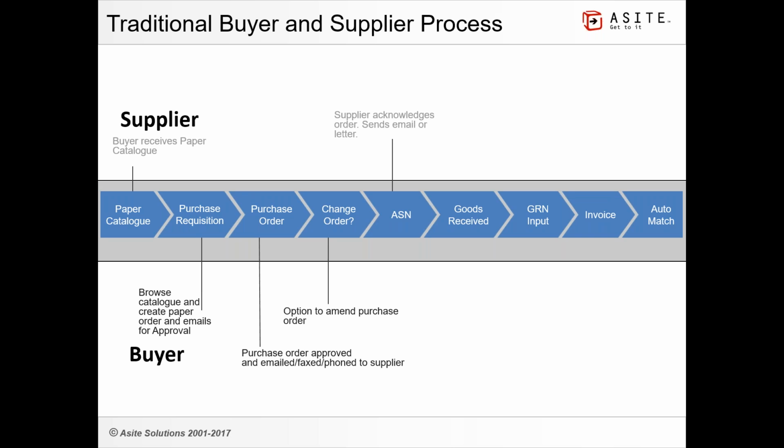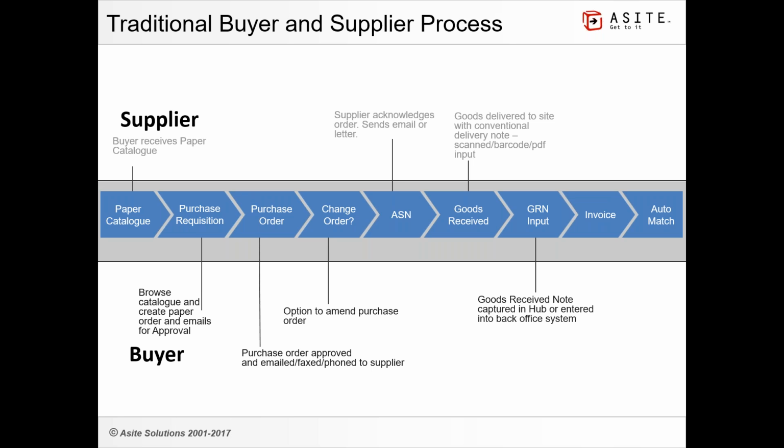Once the order has been received by the supplier, they may send out an email or even a letter to acknowledge that they will be sending out your goods. And then once you've received your goods, you get the traditional conventional delivery notes, be it a PDF, and this will then have to be keyed into your back office systems in order for you to manage the payment process.